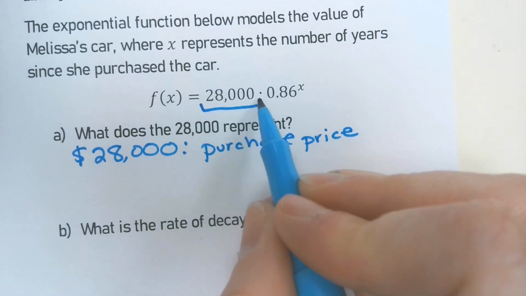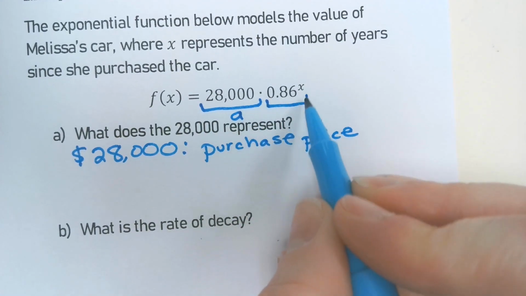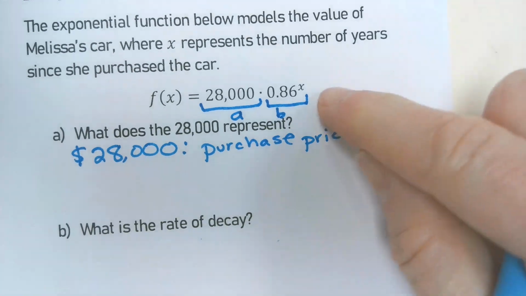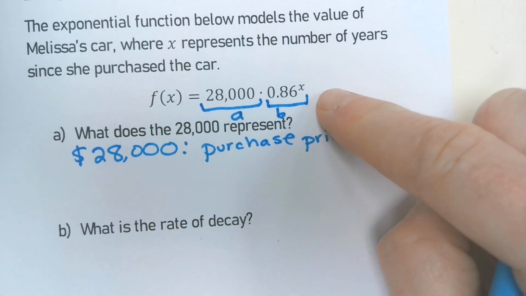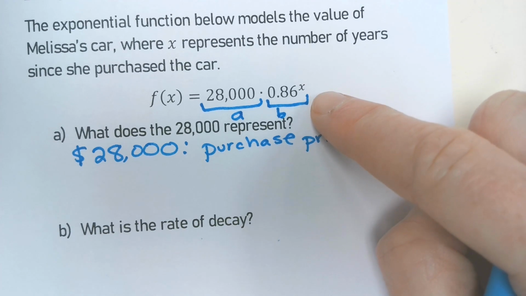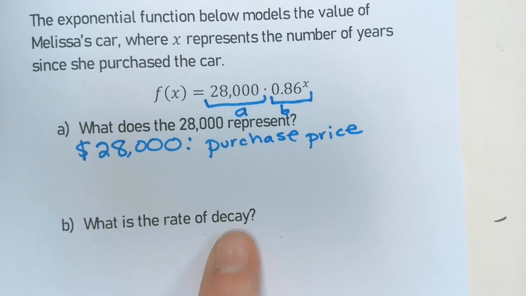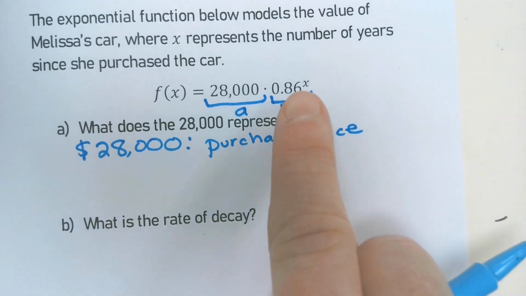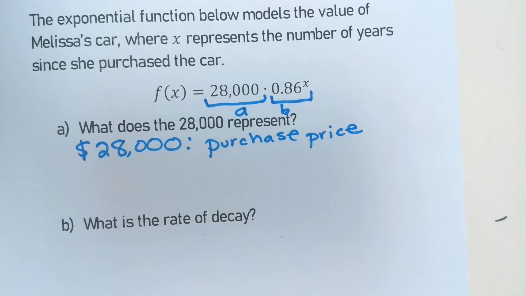So this is your A, this is your B. That's our growth or decay factor, so it's going down, it's a decay factor. Less than 1 makes it the decay. Rate of decay, so it's below 1, so you want to know how much it's below 1 to find the rate.